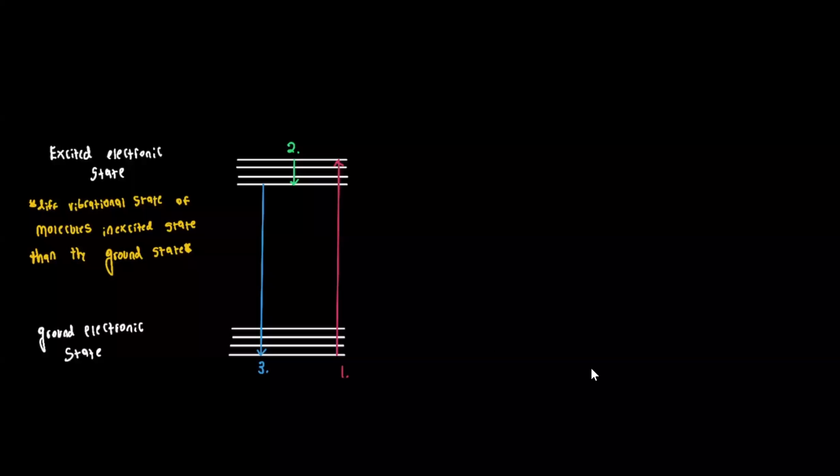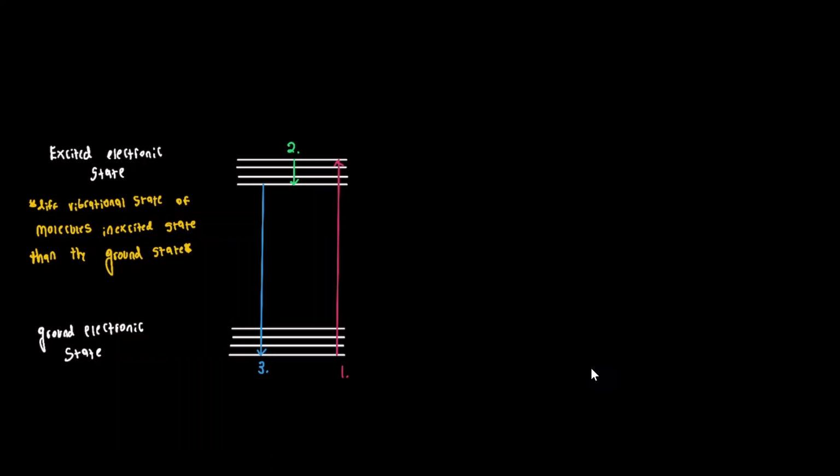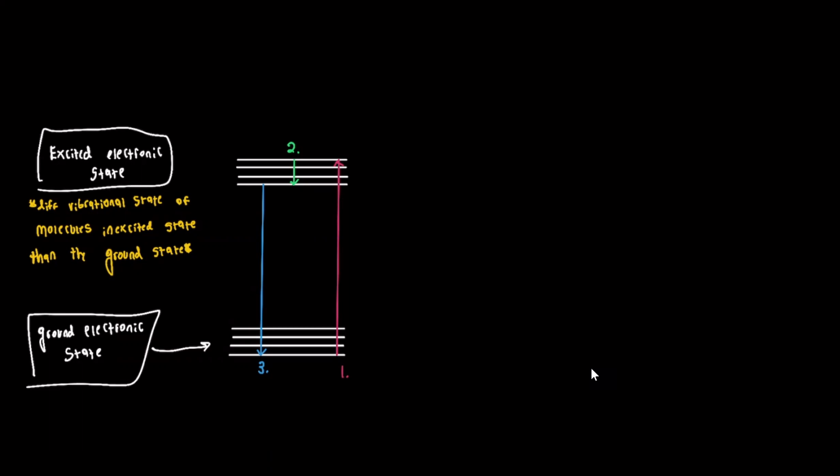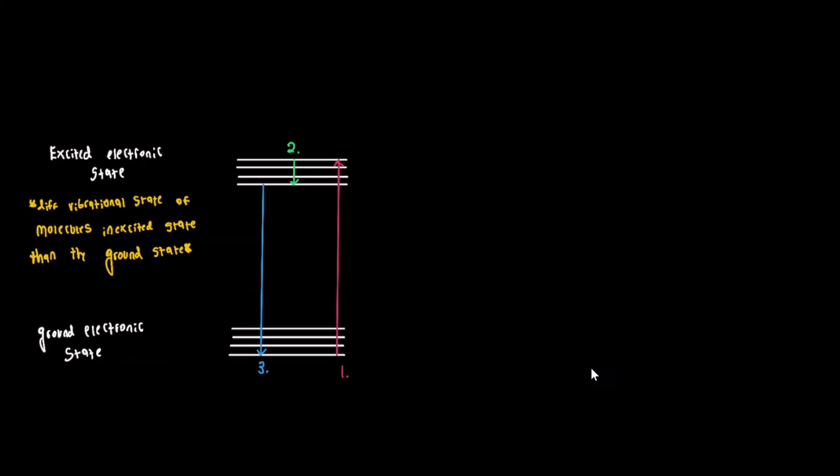Now let's talk about what happens in fluorescence exactly. Okay, so this is a general diagram to help us describe fluorescence. We have our ground electronic state, which is where our unexcited electrons are going to be. And then we have our excited electronic state, which is where electrons will end up after they absorb a photon. So let's talk about this in steps.